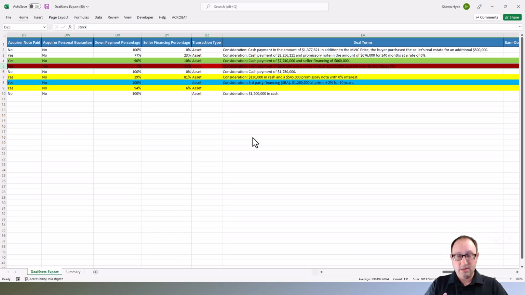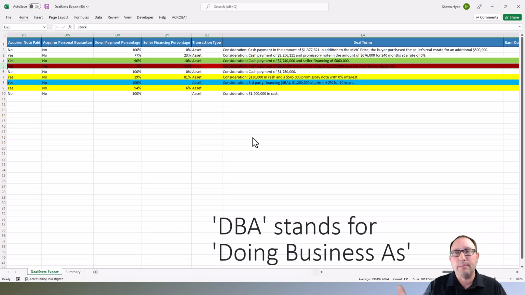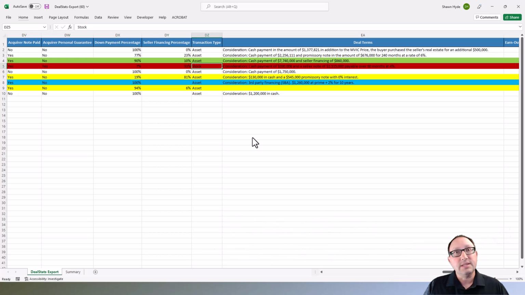They'll sell the name, the phone number, the website, all these assets that the business owns. They will not sell the specific entity, typically. Usually the buyer will create their own entity, file a DBA, and the name continues. On a stock sale, however, that's the entity that's being sold.